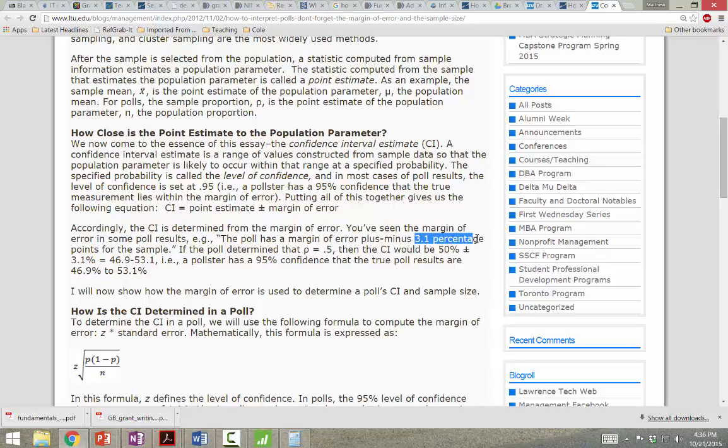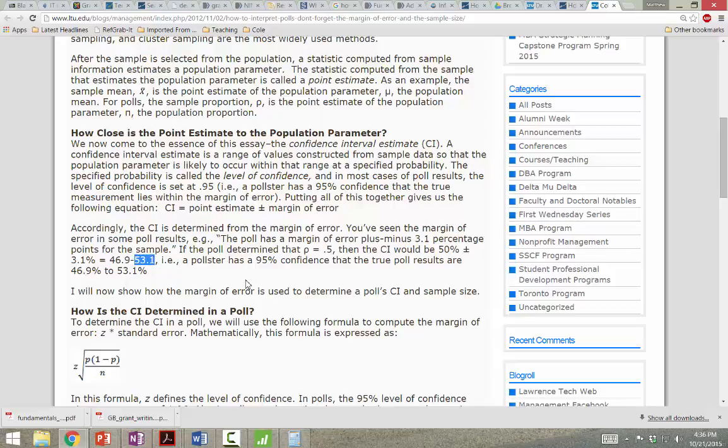So a probability of 0.5 means that 95 times out of 100, the true poll results exist within an interval of 46.9% to 53.1%.